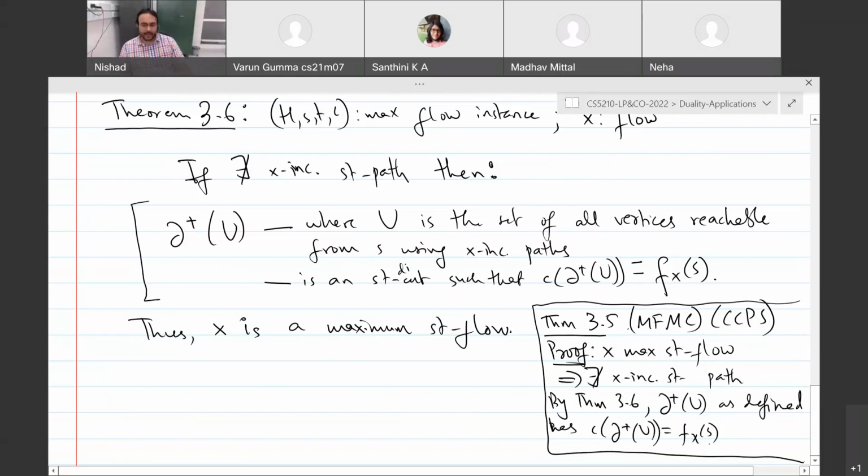Therefore it has to be a cut of minimum capacity, because if there was a cut of lower capacity, that would contradict the flow value being whatever it is. So this proves the max flow min cut theorem without any assumptions of integrality or rationality or anything. All right, that is the thing I wanted to correct. Are there any questions or concerns?